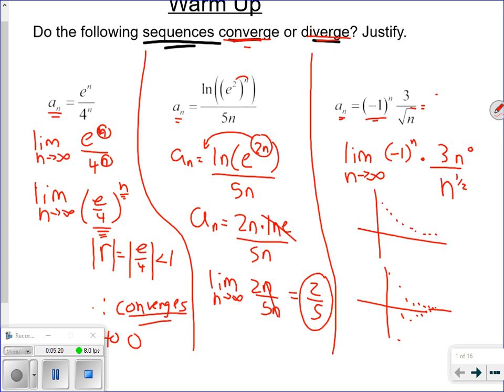It's going negative, positive, but it's getting fractionally smaller to 0. So this one does converge as well. So really, the justification we're using for convergence right now is some geometric rules or some rational end behavior rules, but that's about it. Okay.